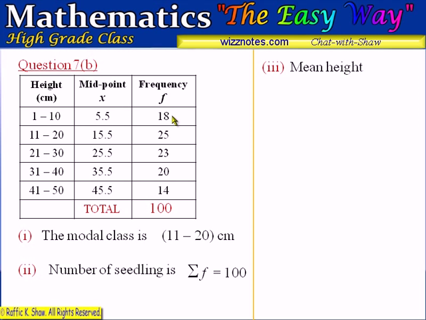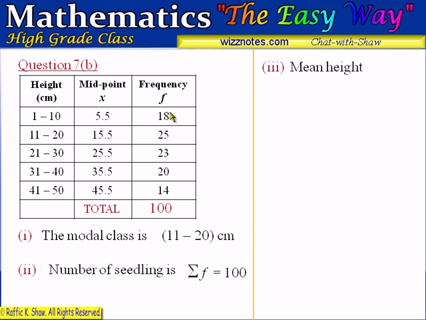You assume that all 18 seedlings in the first group have a height equal to the midpoint of the first group. So the midpoint of the first group represents the first group, the midpoint of the second group represents the second group, and so on.